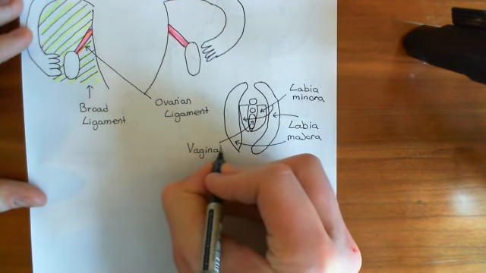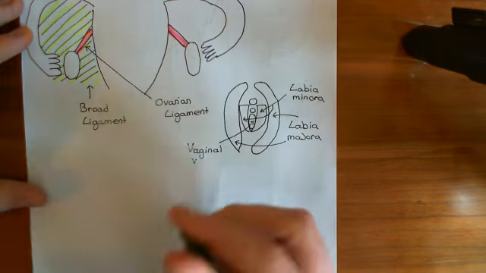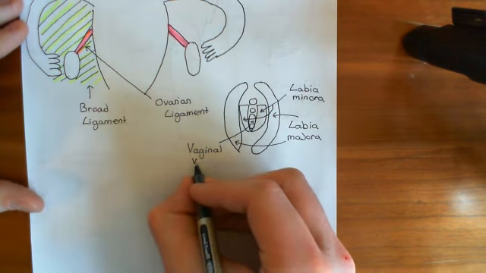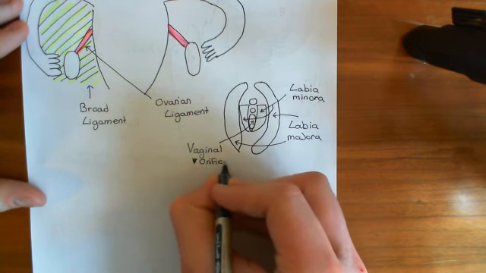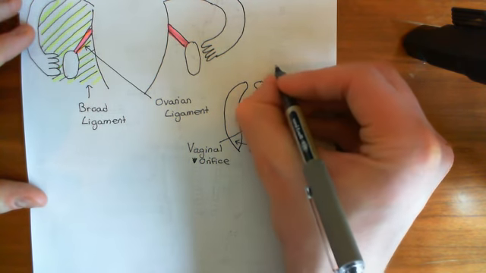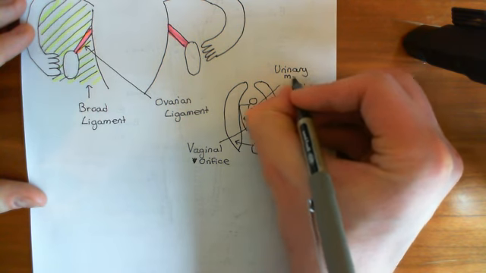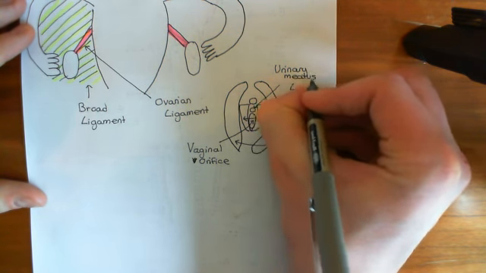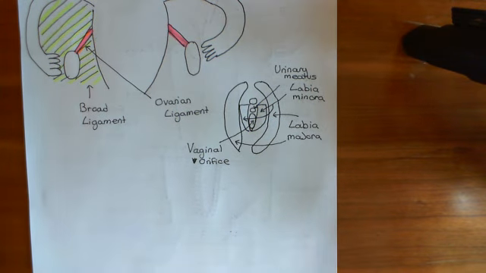And then the other entrance goes to the urethra. Vaginal orifice. And then this one is supposed to represent the urinary meatus. Urinary meatus. And at the top here, this is the clitoris. Right, so that's the external female genitalia.